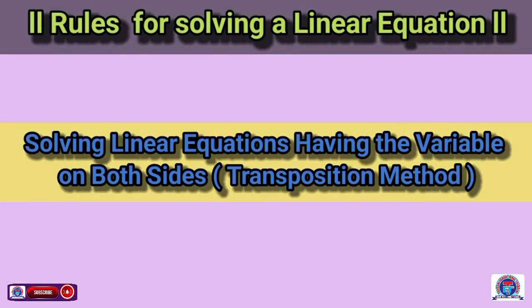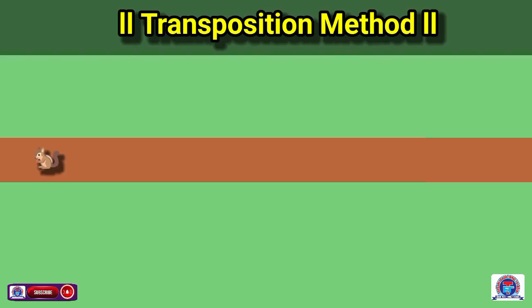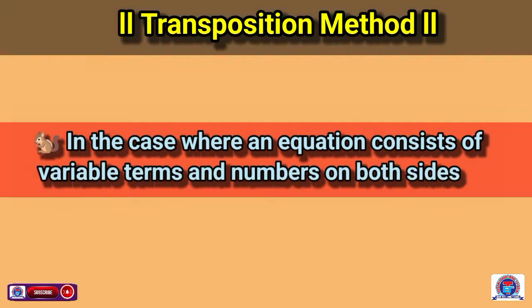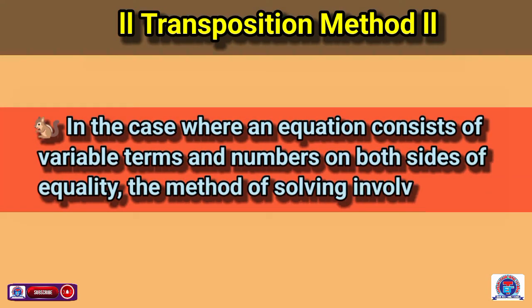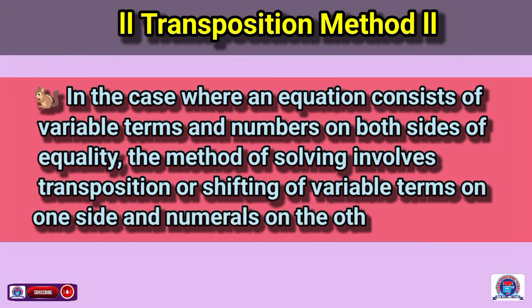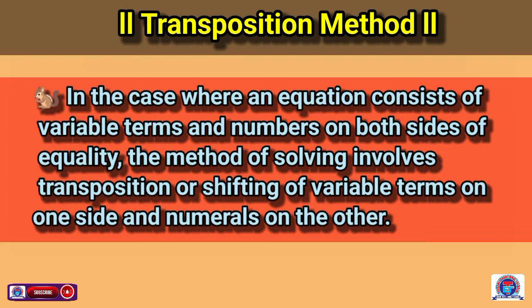Solving linear equation having the variable on both sides by the transposition method. In the case where an equation consists of variable terms and numbers on both sides of equality, the method of solving involves transposition or shifting of variable terms on one side and numerals on the other.